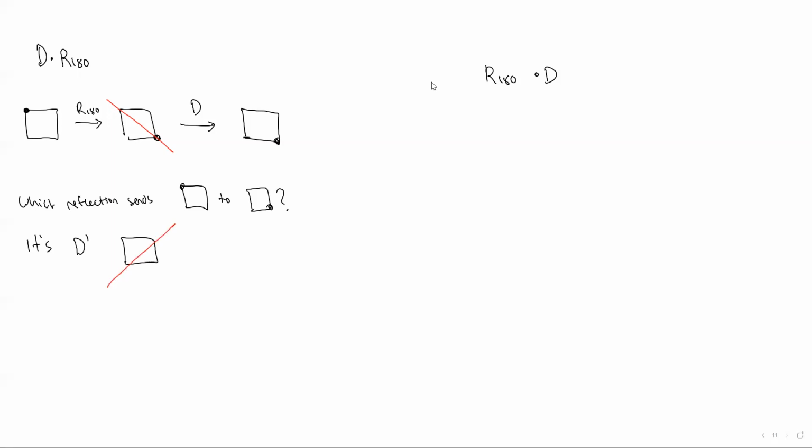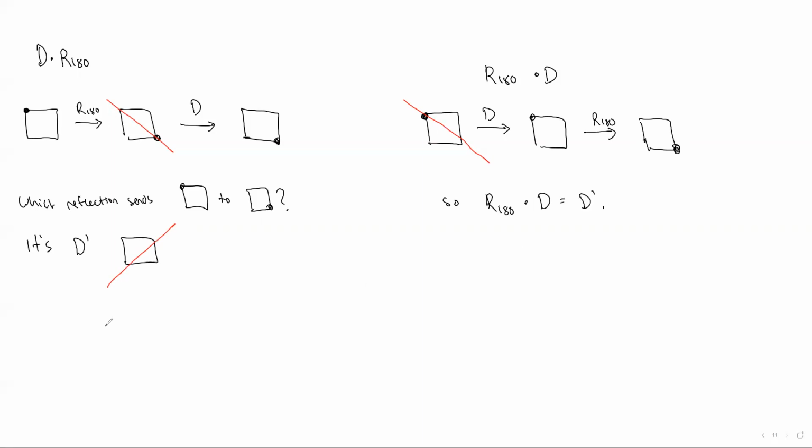And the same would be true for R180 times D. So apply it to this vertex. If I apply D, it stays where it is. I want that. And then if I apply R180, it goes here. So it's the same thing. So that means both the left coset and right coset are equal. So R180 times D, the same thing as D times R180, which is R180 and D prime.